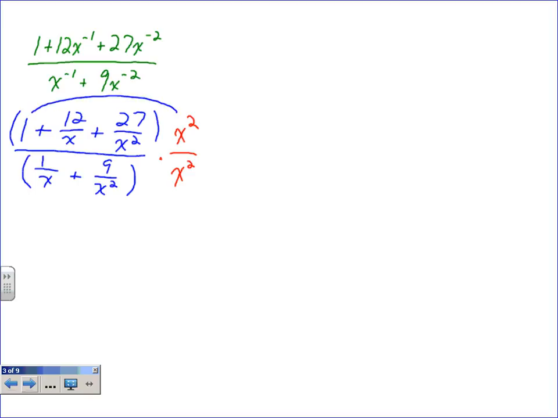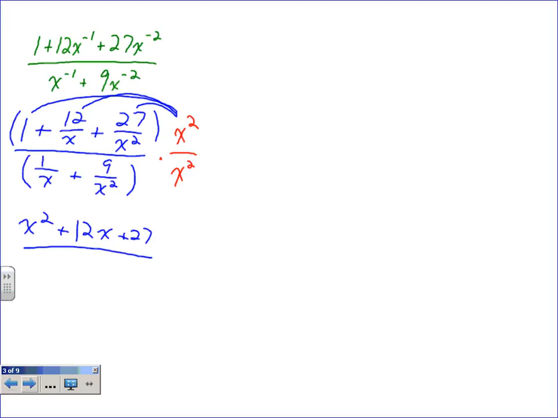Let's distribute. x squared times 1, x squared. x squared times 12 over x gives me, this x will cancel with one of the x's, and it will become 12x. And what happens when I multiply x squared times 27 over x squared? I get 27. Okay, so we got rid of those fractions on top.